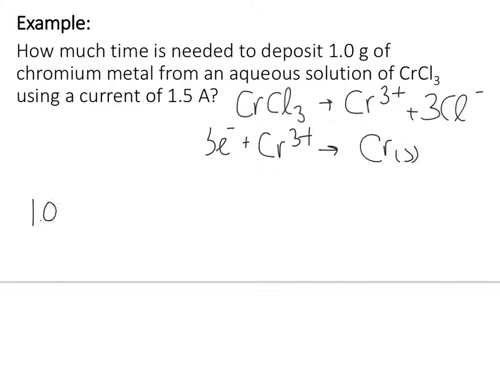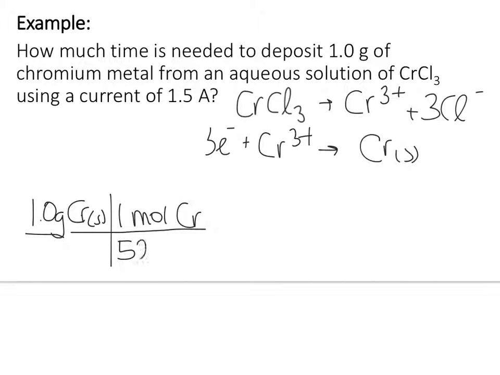So we need 1.0 grams of chromium. By the way, that's the solid metal. We need to go to moles of chromium. Our molar mass is 52.00. Once we're in moles of chromium, we can go to moles of electrons, and that will be 3 moles of electrons for every 1 mole of chromium.